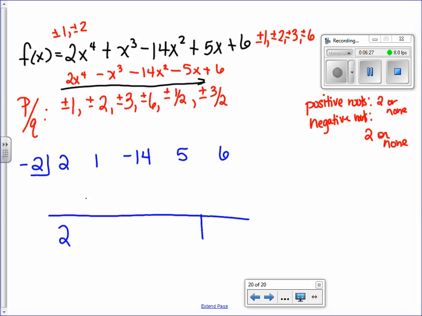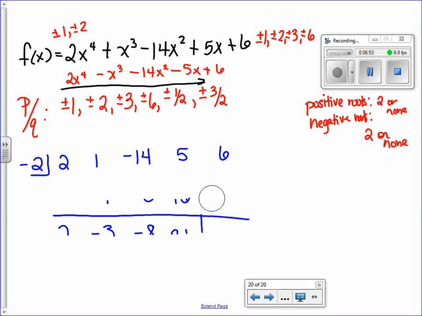Times negative 2 is negative 4. Negative 3. Positive 6. Negative 8. Positive 16. 21. Do I need to go on? It's not a root. Okay, so negative 2 is out.